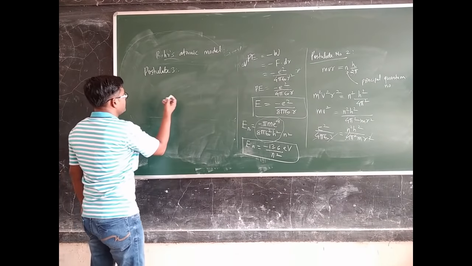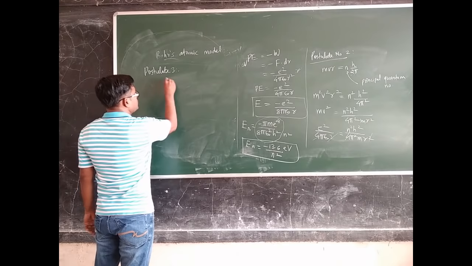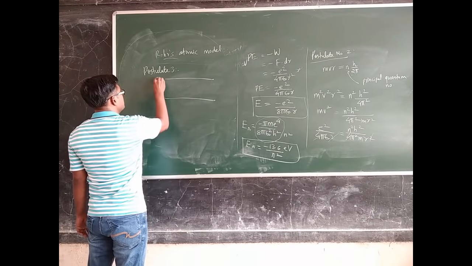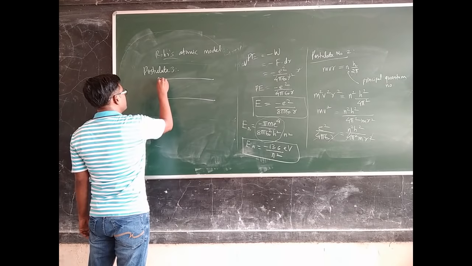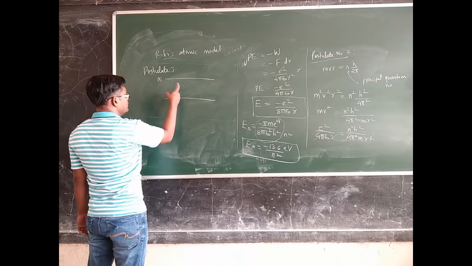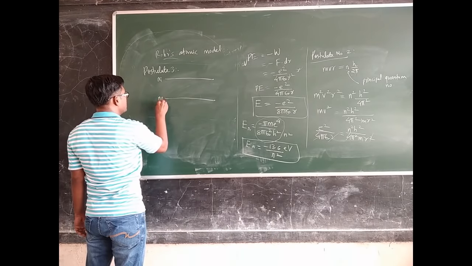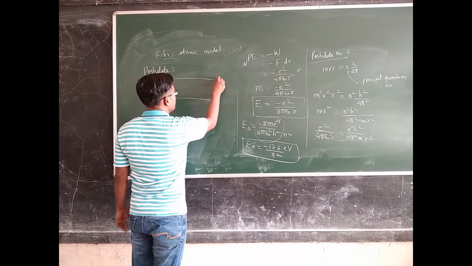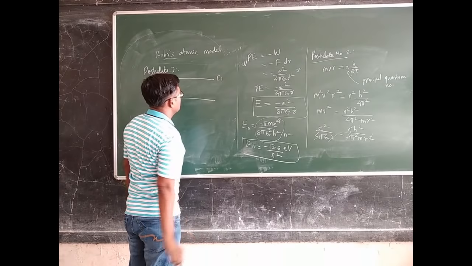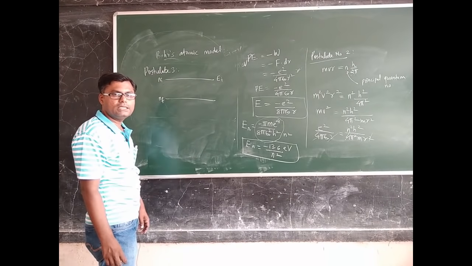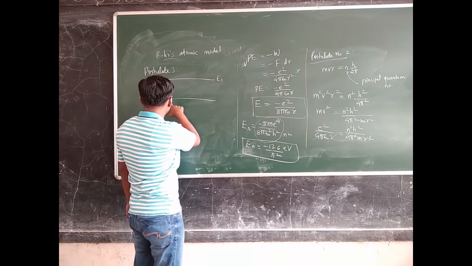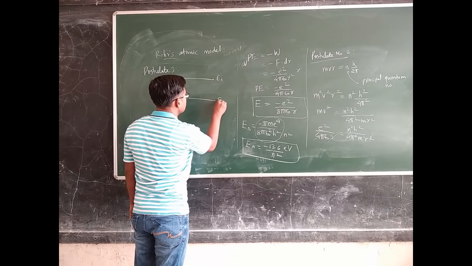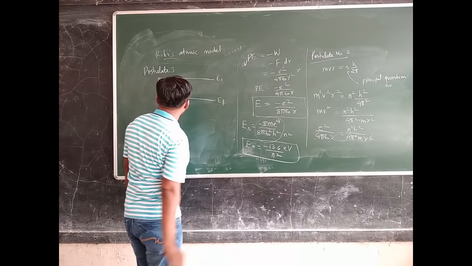Suppose that these are the two energy levels. The outer energy level is denoted by the quantum number ni, and the lower energy level is denoted by the quantum number nf. So ni will have some energy, let us denote it by Ei, and the final orbit, or the lower energy level, will have the energy denoted by Ef.